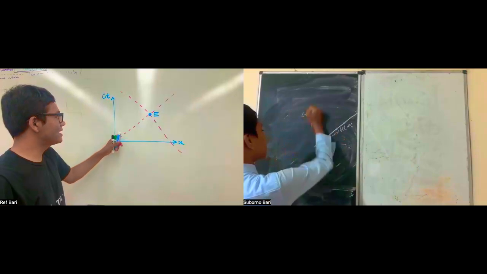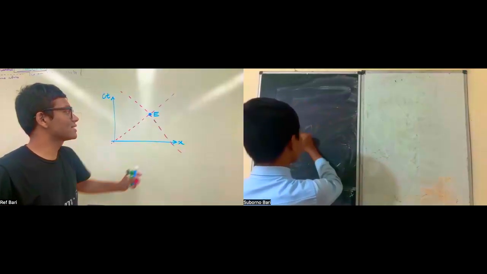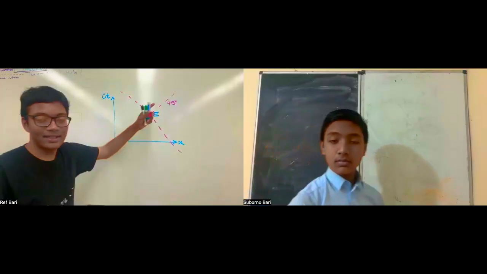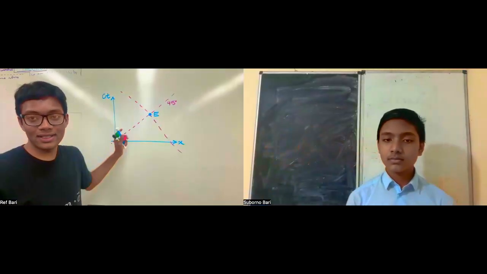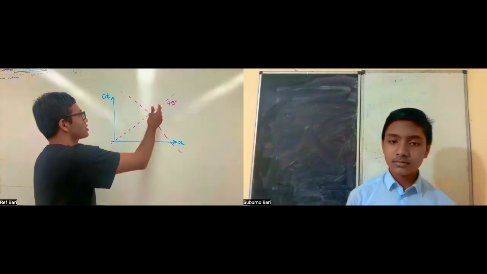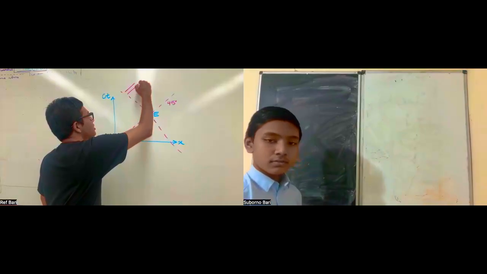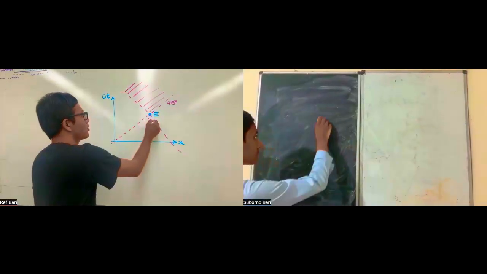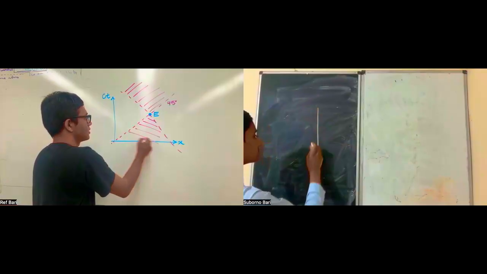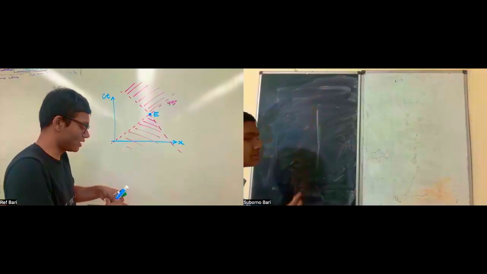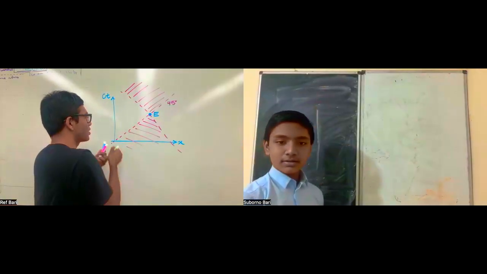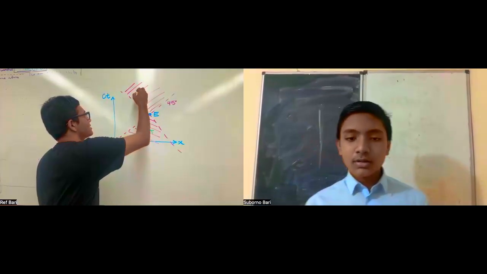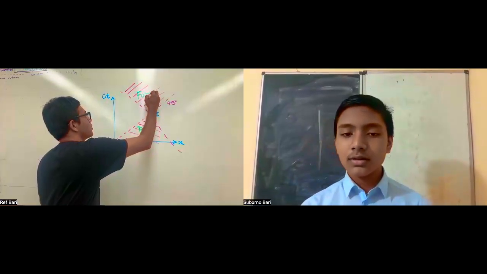These two world lines are at 45 degrees, and they represent the speed of light. So only light can travel at this speed. Anything slower than light is going to fall into these two cones. So this over here is the past cone, and this is the future cone of the event.